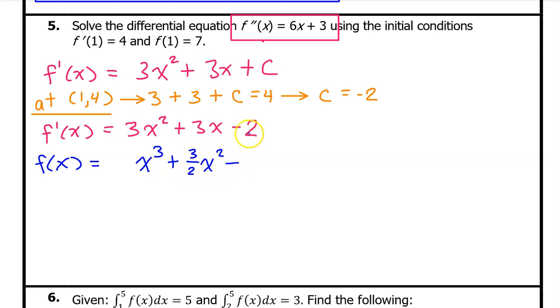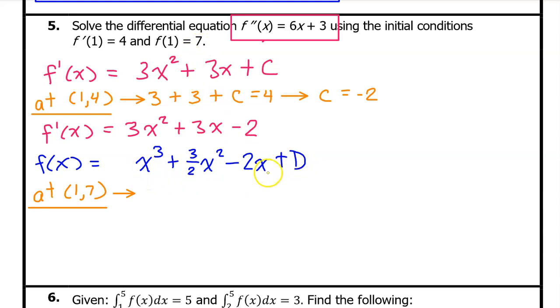The antiderivative of negative 2 is negative 2x, and now we need the constant of integration. But we already used the letter c, so this time we need to use something different, and let's call it d. We can use the initial condition f at 1 equals 7 to find the value of d.